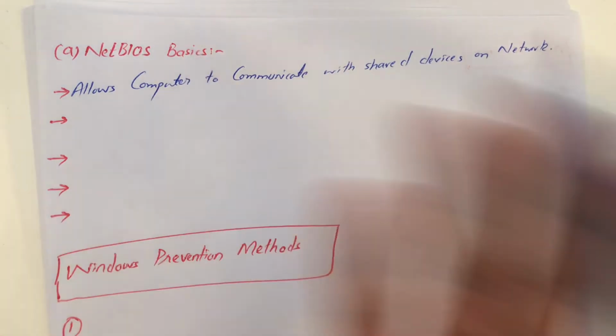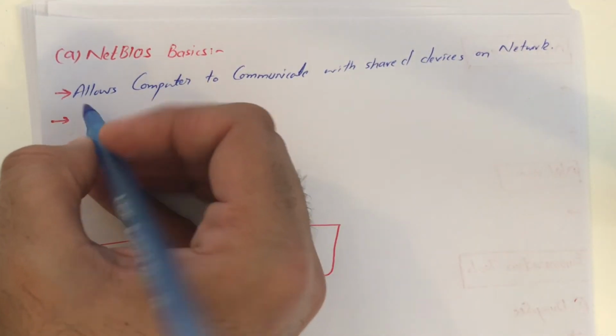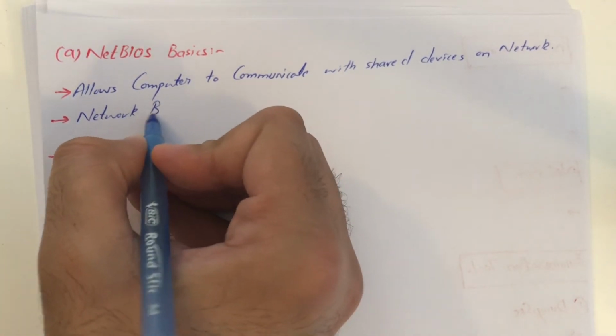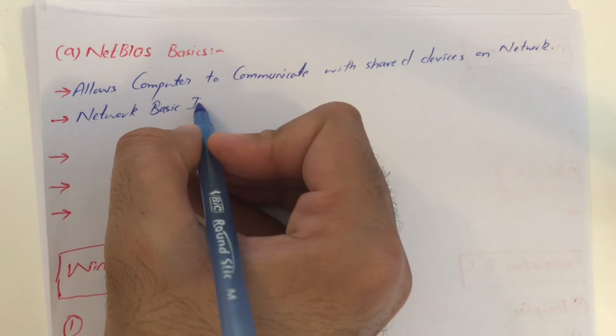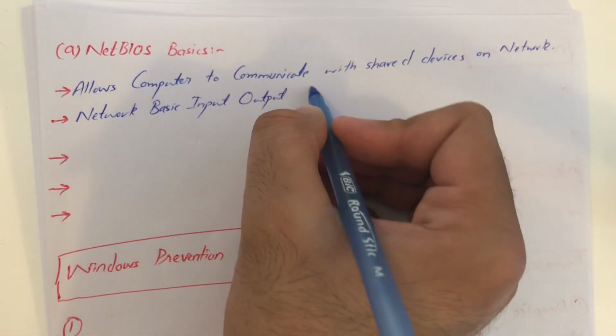It basically allows printers, or you can use some other servers or other services as well. It stands for Network Basic Input Output System.